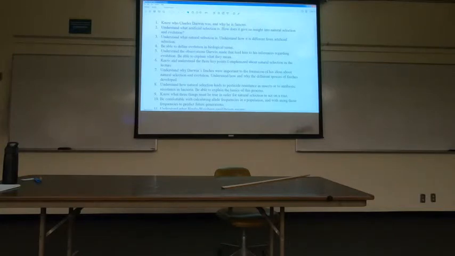Okay, number 6. The 3 key points that I emphasized about natural selection in lecture. So those are the 3 things that must be true in order for natural selection to act on a trait. So the key points, let me just pull up that lecture so it'll be probably easier than listing it off.